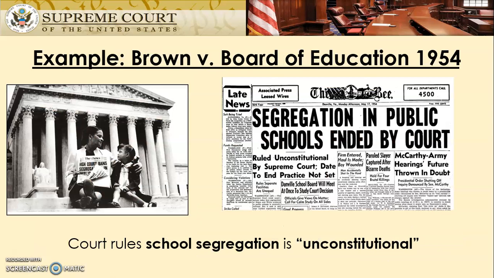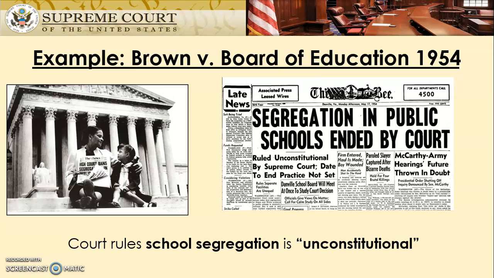So, for example, Brown v. Board of Education, 1954. What happened prior to 1954, in particular in the South, is that schools were segregated by race. It goes all the way up to the Supreme Court. And the Supreme Court rules that school segregation is unconstitutional because public schools must be equal for all students, no matter their race.